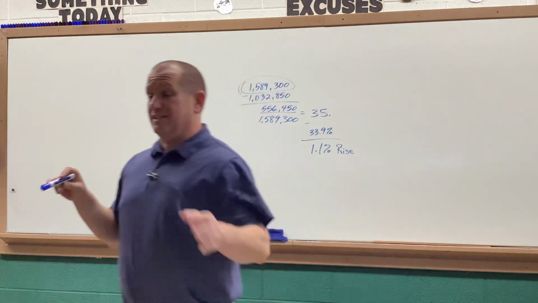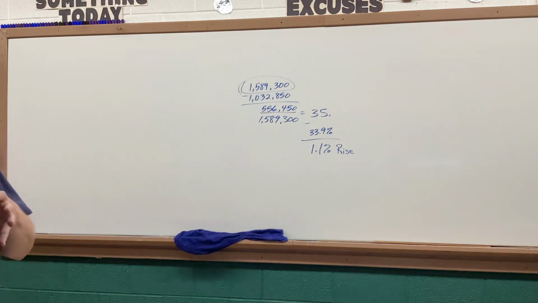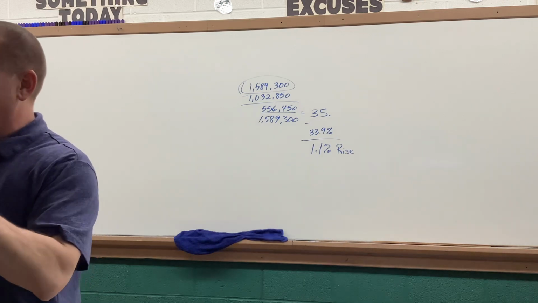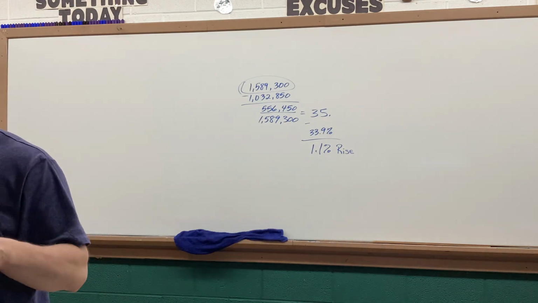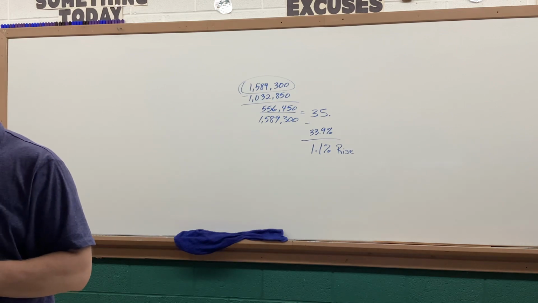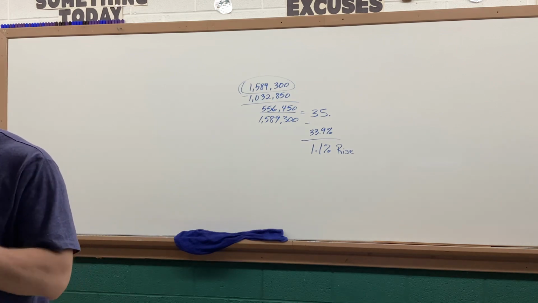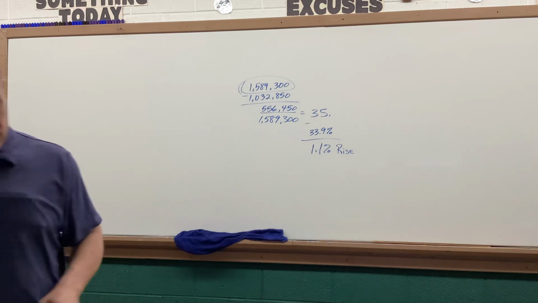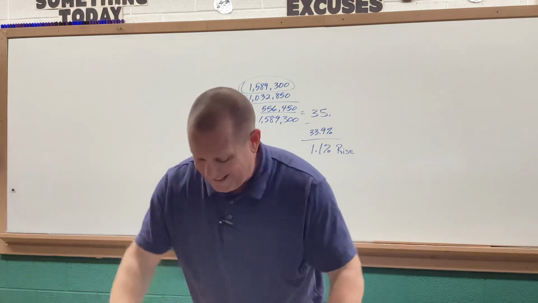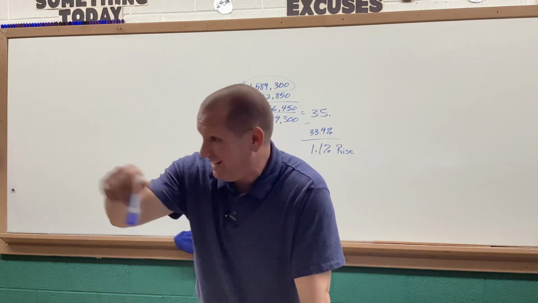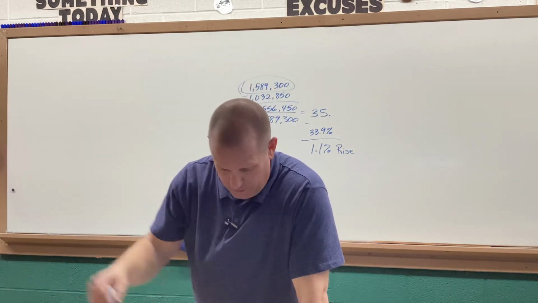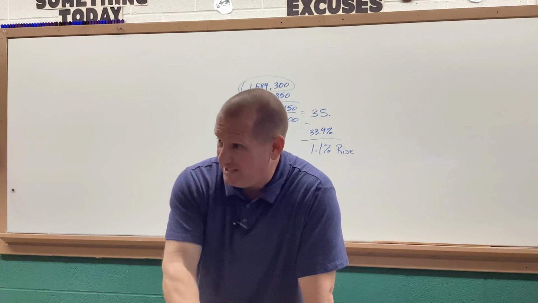You could do the beginning and ending inventory of the whole year, or of a particular month or period. You just have to have a beginning and an end. The date doesn't really matter.